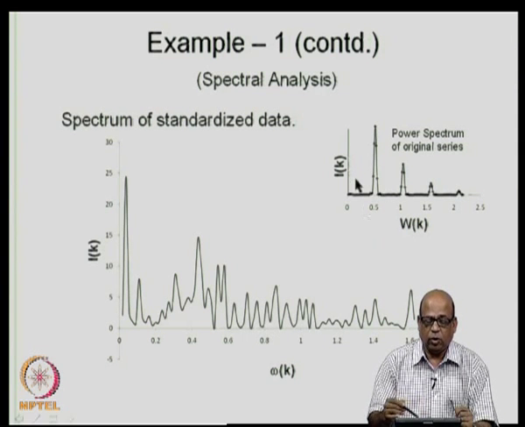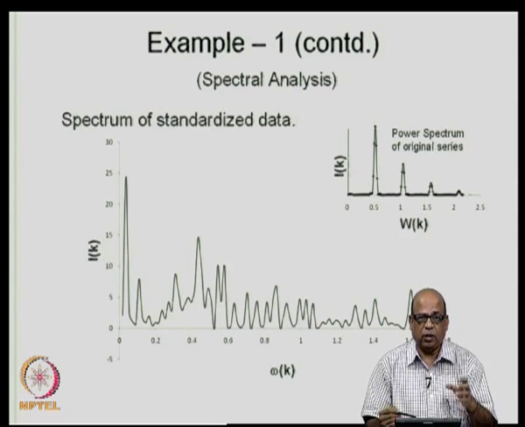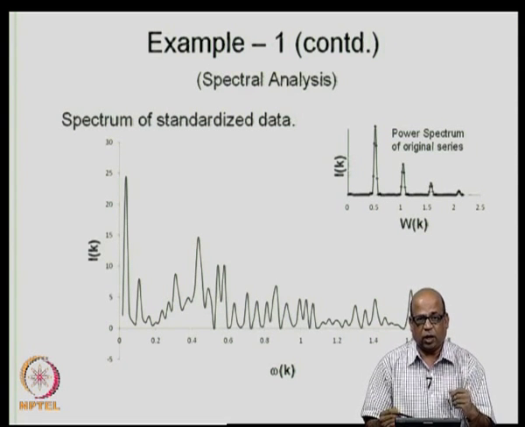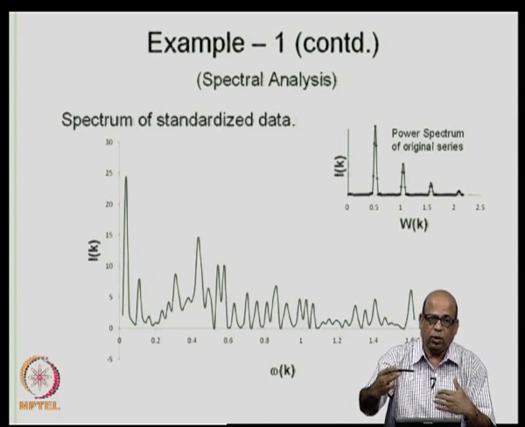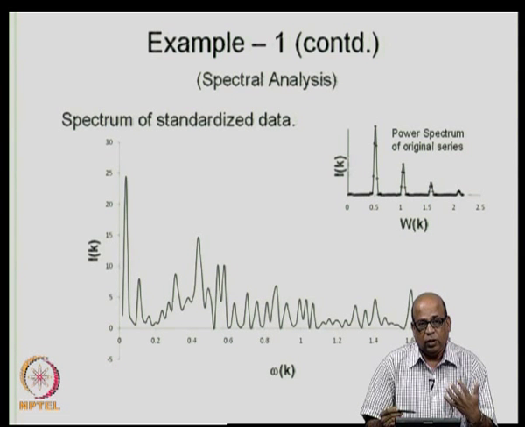What we have done just now is for monthly stream flow data, which is a much more smoothened process compared to daily rainfall data. If you have daily rainfall data with several zeros, and once in a while it rains very heavily, there may be long term periodicities present in the data. If you then standardize with respect to the daily mean and daily standard deviation, the long term periodicities present in the data may not be removed.